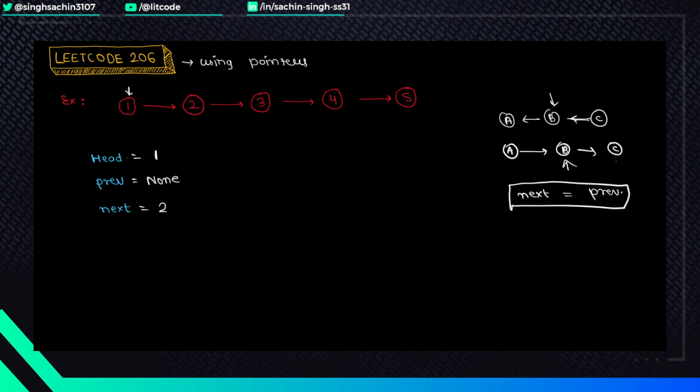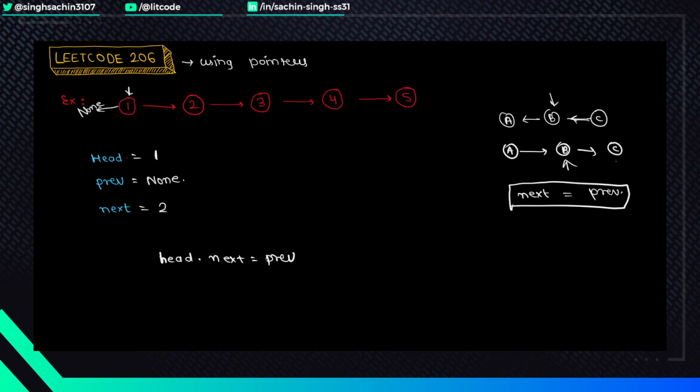Now I will change the pointers, reversing the previous with the next one. Basically, head dot next will point to previous. So now it is pointing to none.